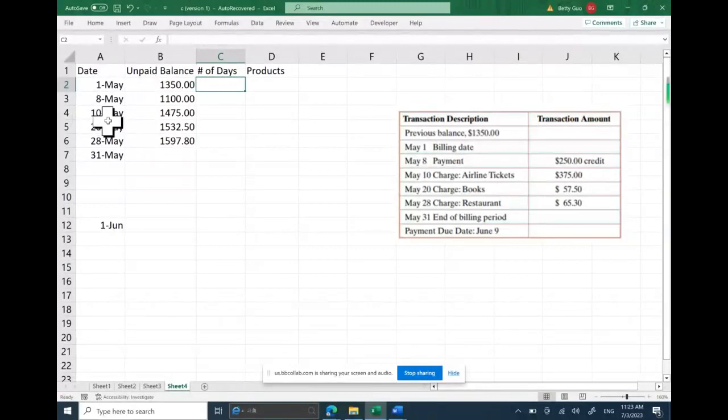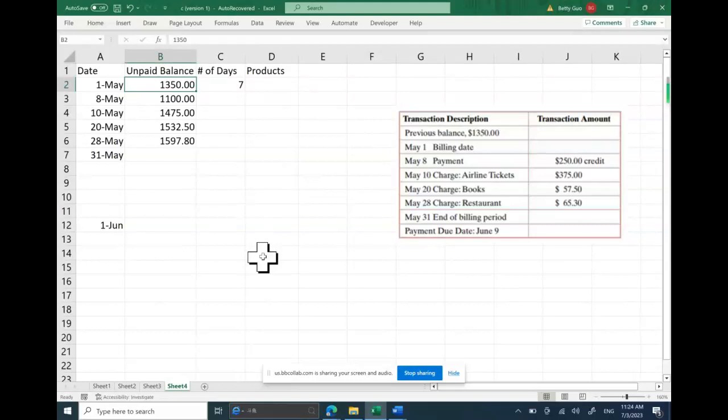Do you see this 8, May 8th? This is May 1st, right? What is 8 minus 1? 7, right? Let me explain what's going on. This balance of $1,350 stays on your credit card from May 1st to May 7th.